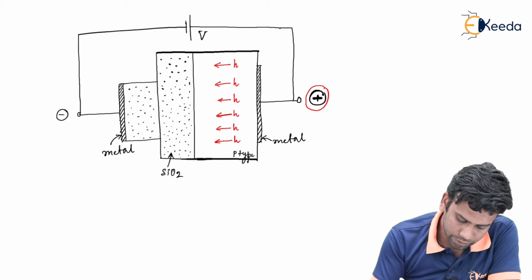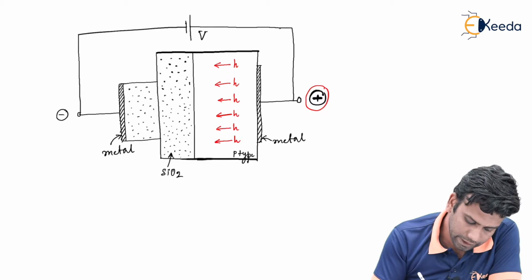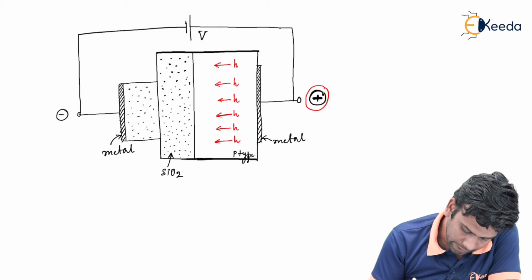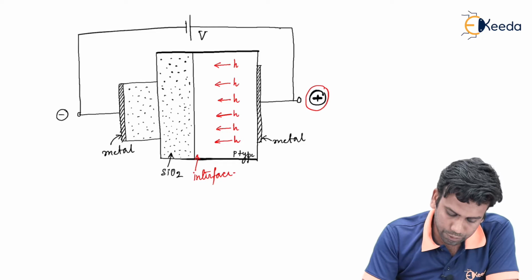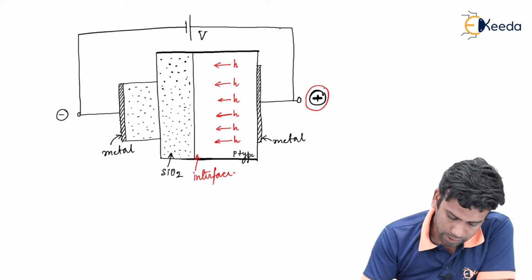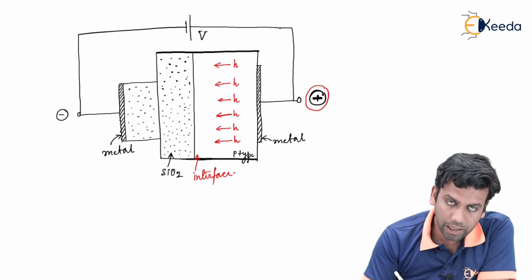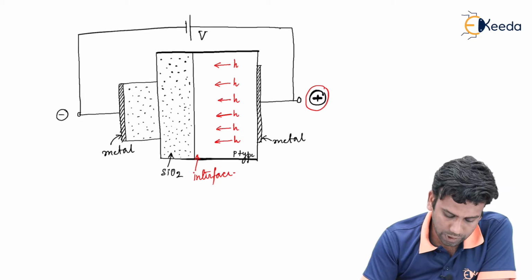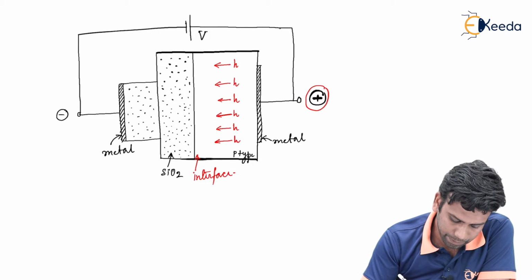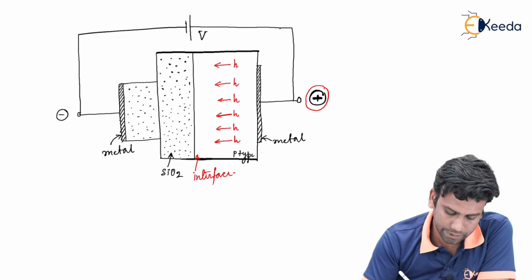Now when these holes come to this interface region, so this is the interface region. So due to the application of the potential from the outside, the holes in the p-type semiconductor will be attracted towards the interface of the silicon dioxide and p-type material.